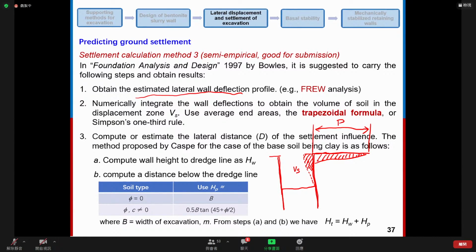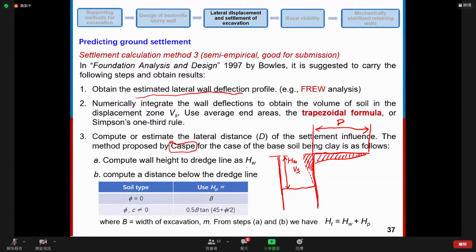This is D. For determining D, for clay, we use the Caspe method, the method proposed by Caspe. Inside the Caspe method, firstly, we need to determine the wall height to the dredged line, HW. This one is actually equal to the depth of the excavation. This one is HW.